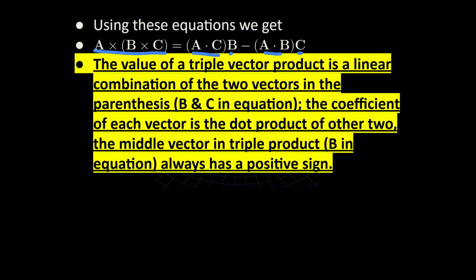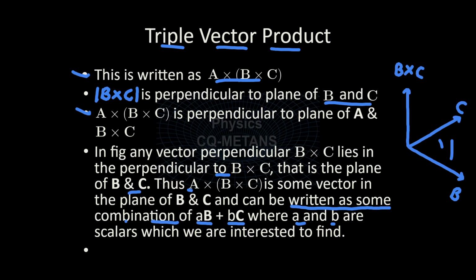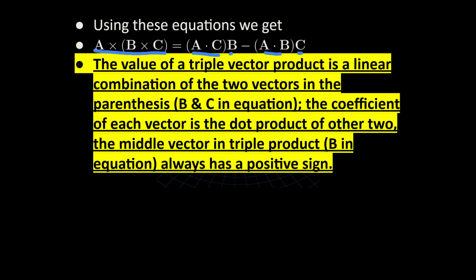So now they are telling us how to learn this formula. It is taken from Merrill-Bose. The value of the triple product is a linear combination of the two vectors in the parenthesis.